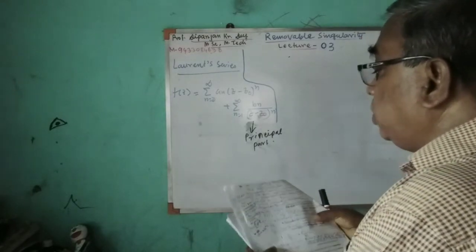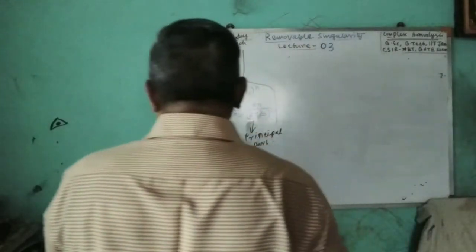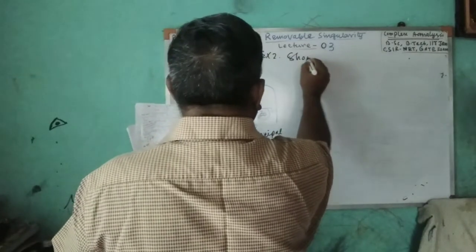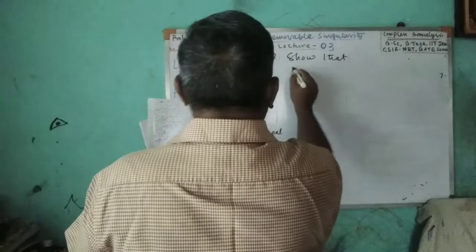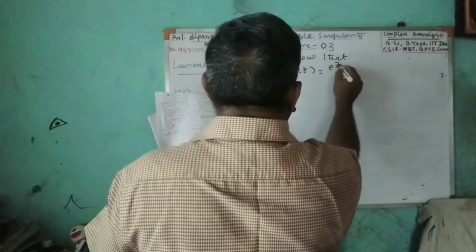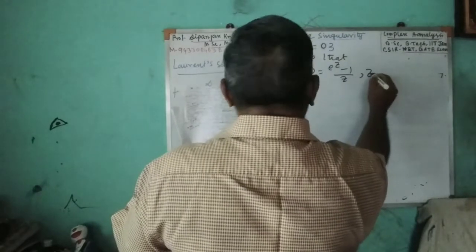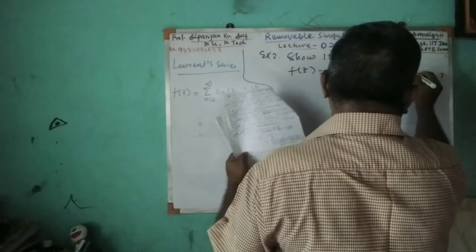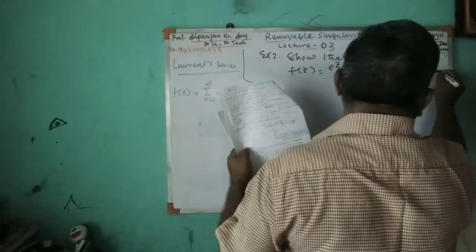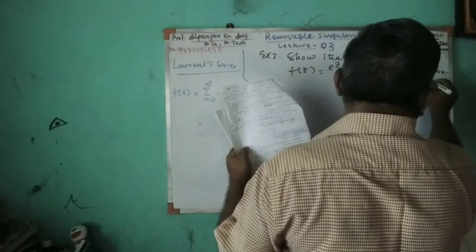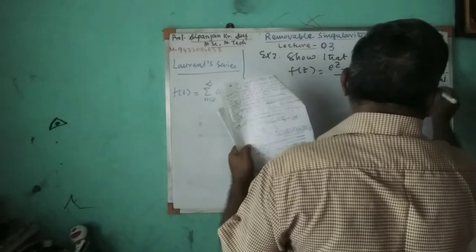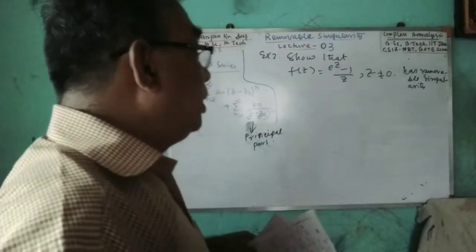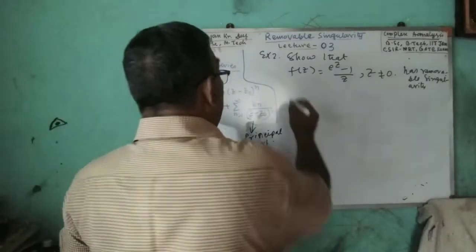Show that f(z) = (e to the power z minus 1) by z, z not equal to 0, has a removable singularity. So what is the solution?